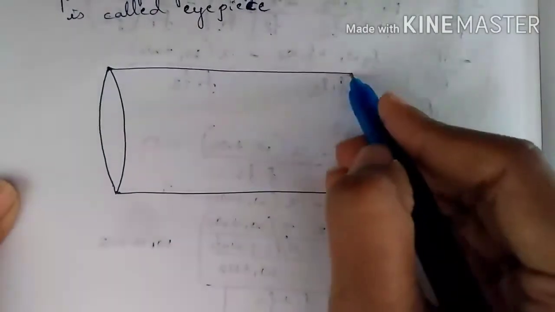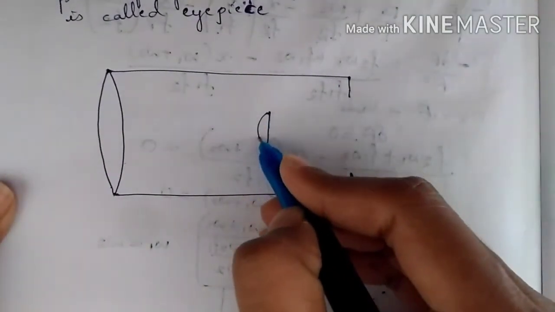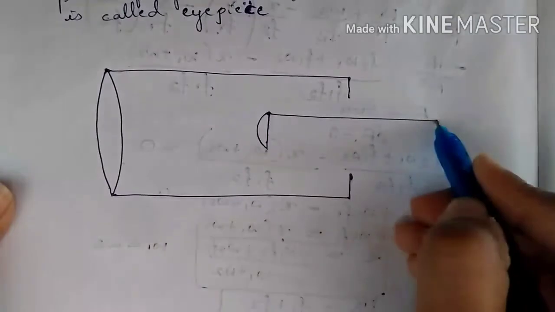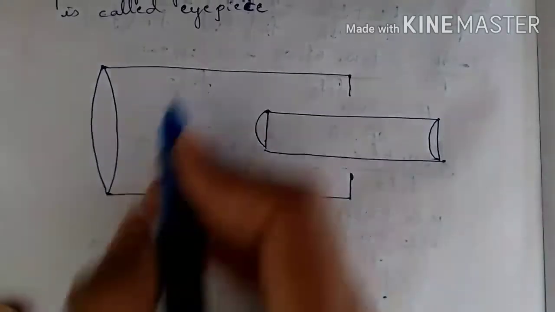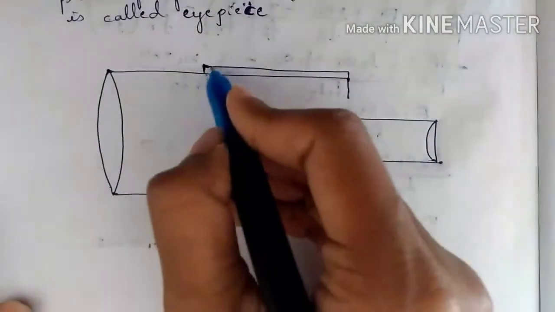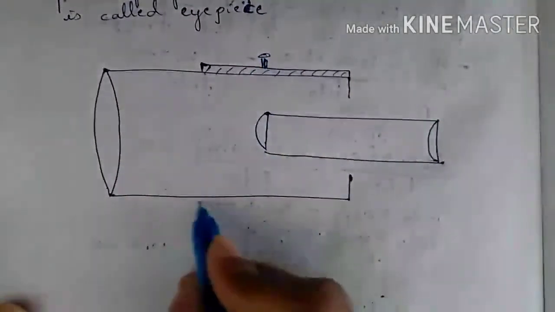So let us draw the diagram for the objective lens and the eyepiece. Again you have the objective lens here, and this lens is followed by the eyepiece. This eyepiece actually reduces the aberration.